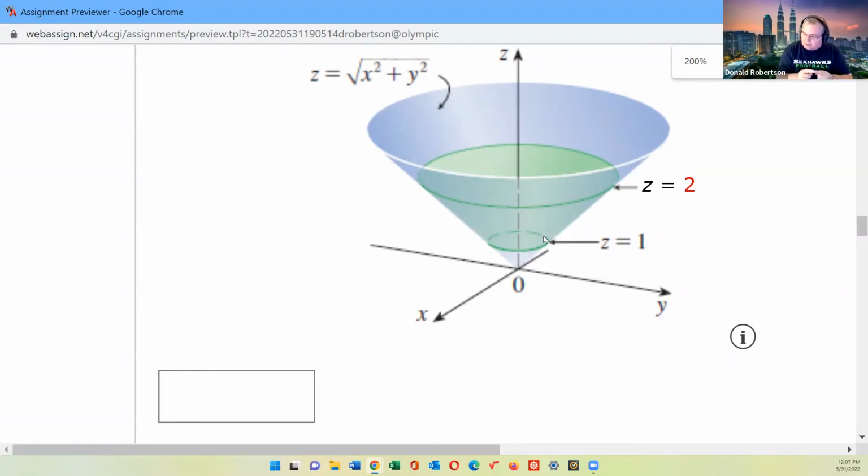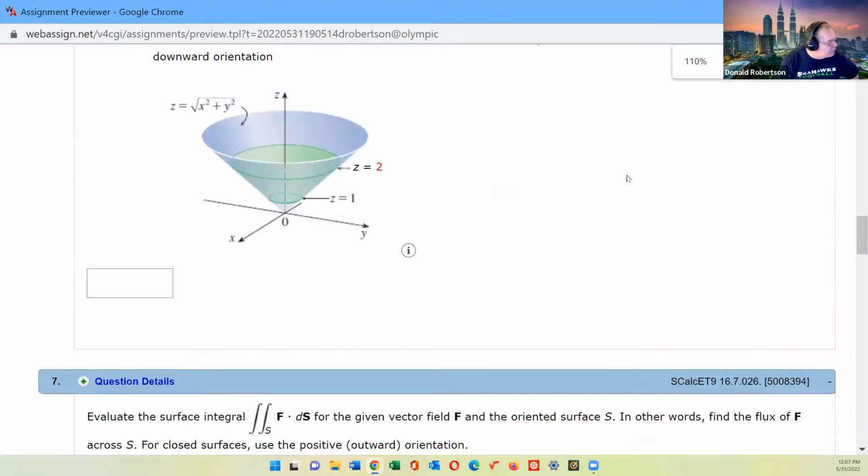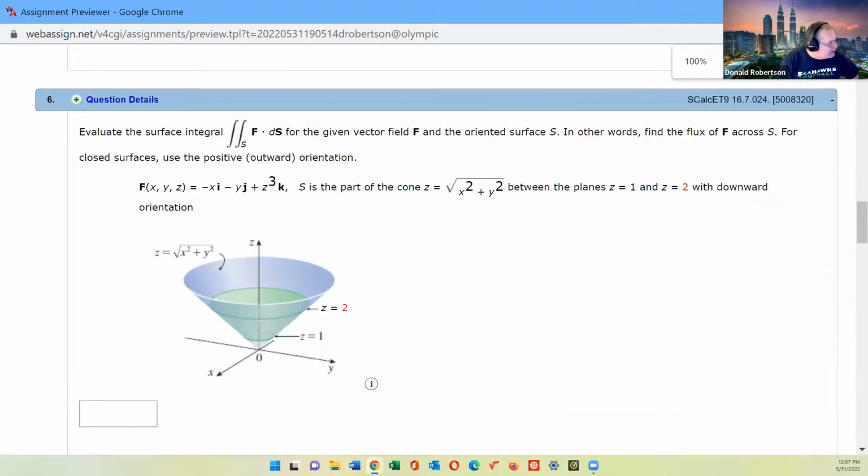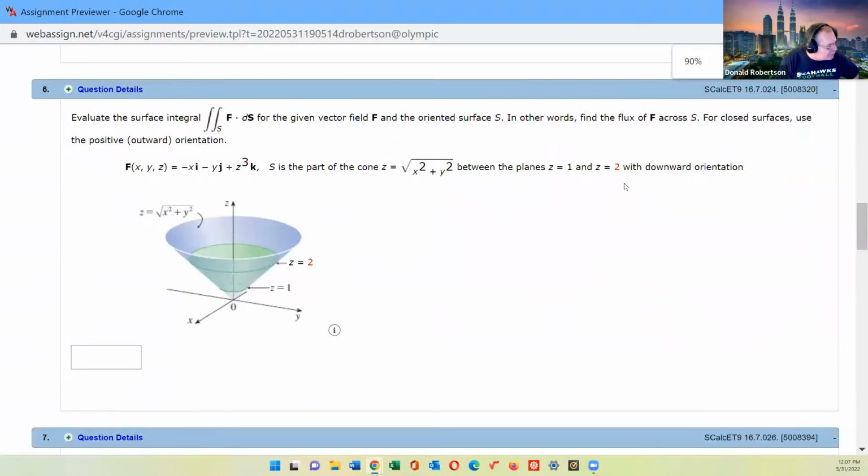So at any given value of x and y, there's a vector associated with it. And we're going to add the whole darn thing up and essentially get the flux, which I believe represents the work done in moving through that vector field with that surface. Not being a physics guy, that's the closest I can do.